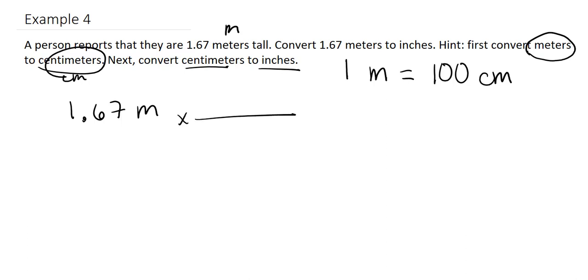So let's go ahead and put meters on the bottom, because we need to get rid of the units. Then we put 100 centimeters on the top. We cross out meters. We're left with centimeters.